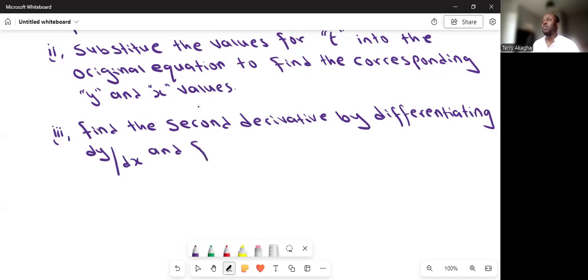I've talked about this in step 4. So you just go back and follow the same way to find the second derivative.